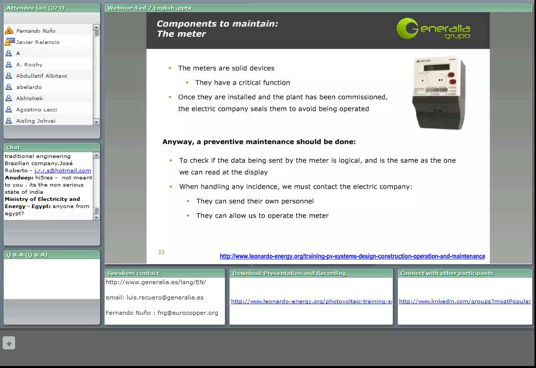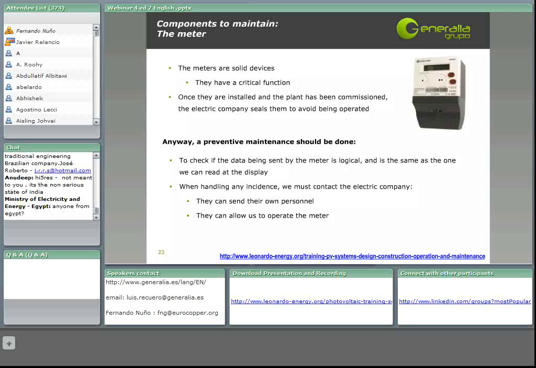So, right now, as I have just said, we will talk about the preventive maintenance, which is the most important type of maintenance as it avoids the incidents to happen. So, it must be present in all the stages of our PV project, in the design, in the execution, and finally during the operation of our solar plant.